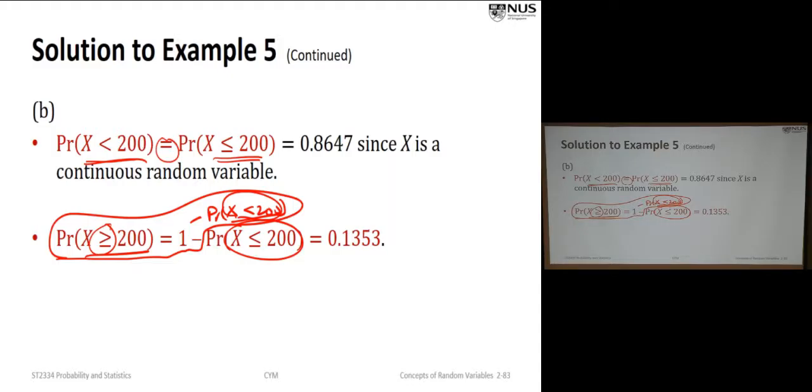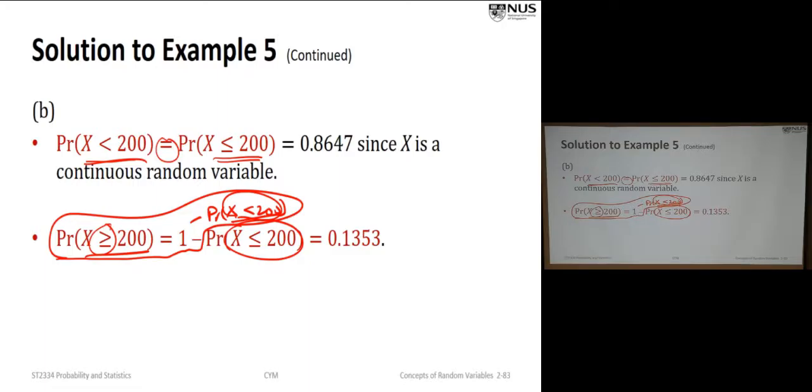So let me recall the example that I told you last week. Toss a die. What's the chance of getting 1, 2, 3, 4, 5, 6? Or what's the chance of getting 1, 2, 3, 4, 5, 6, 7, 8, 9, 10? Now the two events are different. One is 1 to 6. The other is 1 to 10. But the probabilities are the same, because the chance of getting 7, 8, 9, 10 for tossing a die is 0.